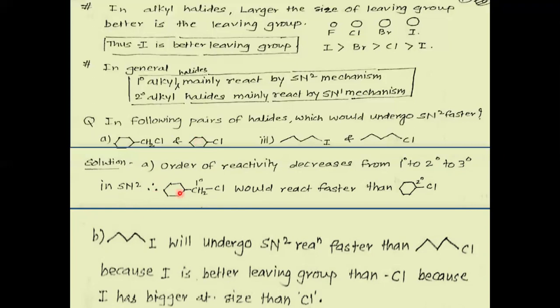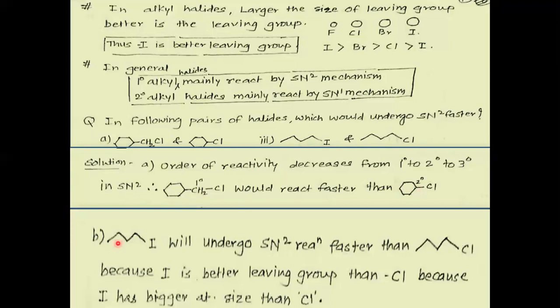So this would react faster than this. For the SN2 reaction mechanism, the order of reactivity is more in primary than secondary than tertiary. So this alkyl halide will undergo SN2 reaction faster than this alkyl halide.